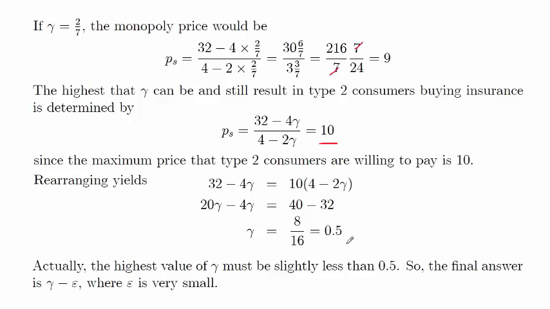Technically speaking, at this value, type 2 consumers will buy 0 quantity, or 0 coverage, of health insurance. So the highest value of gamma must be slightly less than 0.5. In economics, we usually denote it by gamma minus epsilon, where epsilon is a very, very small number, so that gamma will be approximately equal to 0.5. That concludes our solution and the answer to part 3 of this problem.